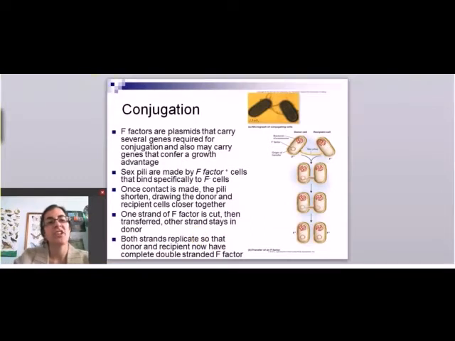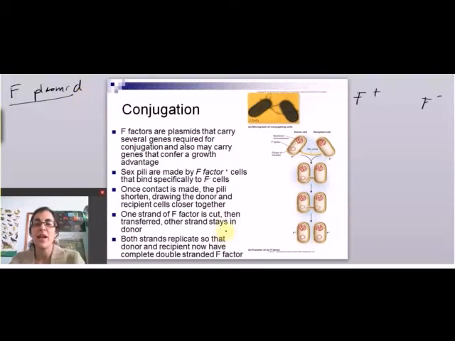So conjugation, as I mentioned, is oftentimes referred to as bacterial sex, and that's because it's going to involve a physical interaction. So it happens between an F positive and an F negative cell. This refers to having the F plasmid, or remember the fertility plasmid. So only a cell that has the F plasmid is going to be able to initiate this.